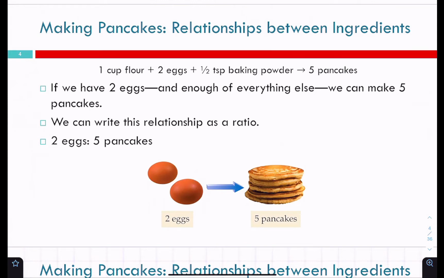Assuming we have an unlimited supply of flour and baking powder, for every 2 eggs, we can make 5 pancakes. So 2 eggs, 5 pancakes; 4 eggs, 10 pancakes, and so on. You can do the math and figure out how many eggs it's going to take to make however many pancakes. But for the pancake recipe, it's always going to be whole numbers of eggs.